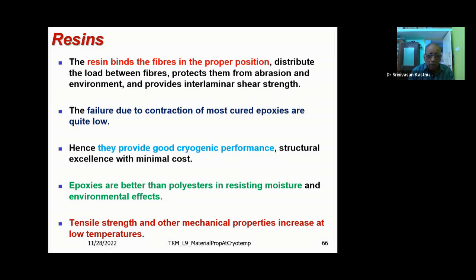It means that if you have a cured epoxy and contraction takes place because of low temperature, the failure that happens is very less for such materials. They provide good cryogenic performance. They have structural excellence, but at low cost. Epoxies are better than polyesters in resisting moisture and environmental effects. Tensile strength and other mechanical properties normally increase at low temperature.